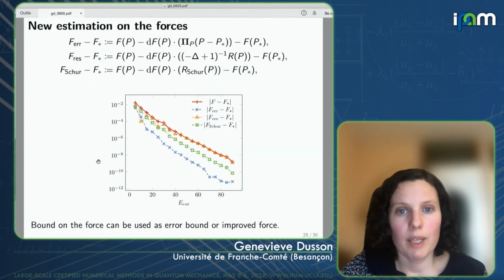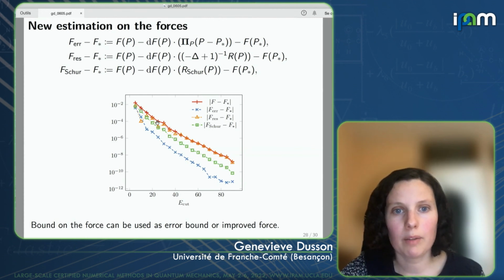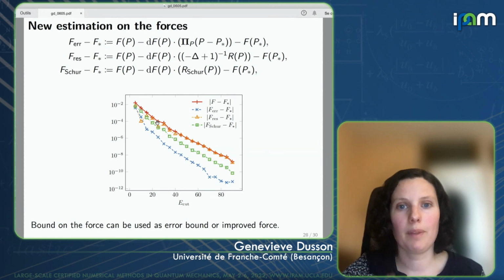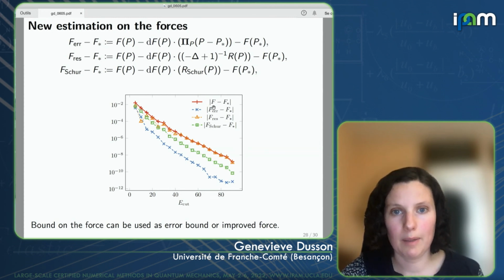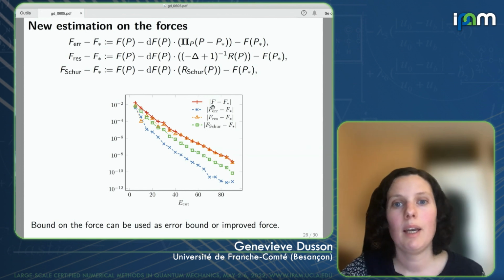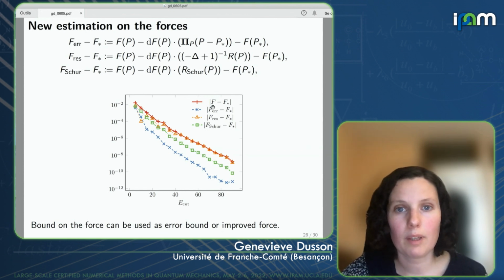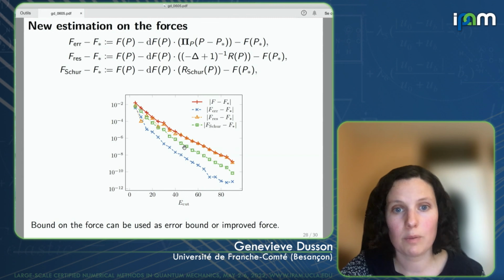And so now, this is the same kind of plot, but where we look not at the comparison between the errors, but at the improvement that is brought by the approximation. Here we have the approximate force minus the error bound. If we look at this quantity, we see that it's way lower than the exact error.